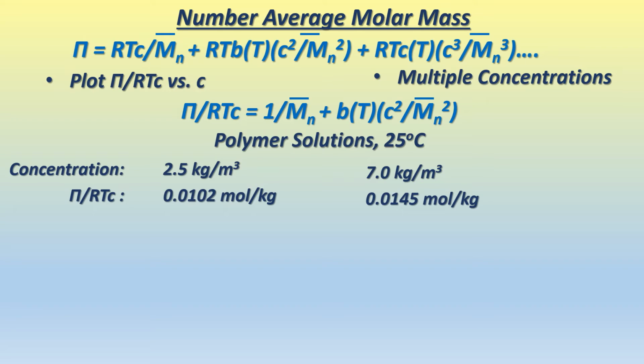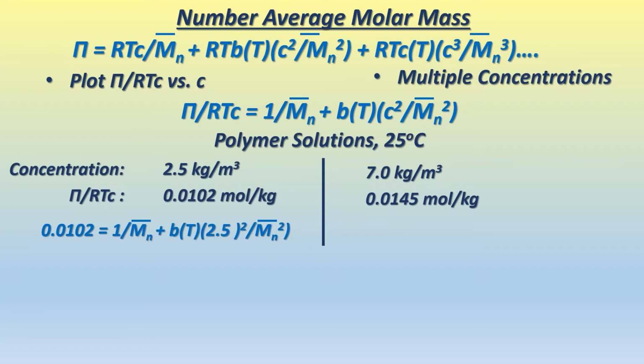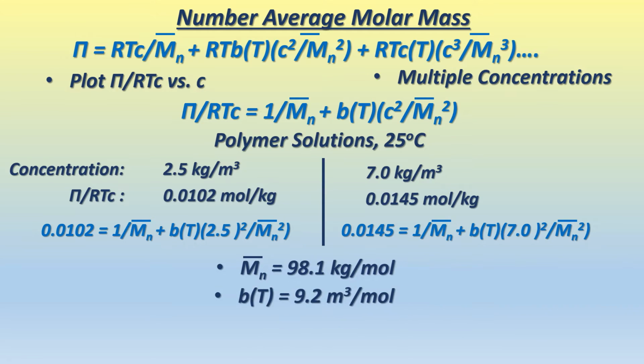You now have simultaneous equations that can be solved where the only unknowns are the slope and the intercept. Solving these, you find out that this particular polymer would have a number average molar mass of 98.1 kilograms per mole.